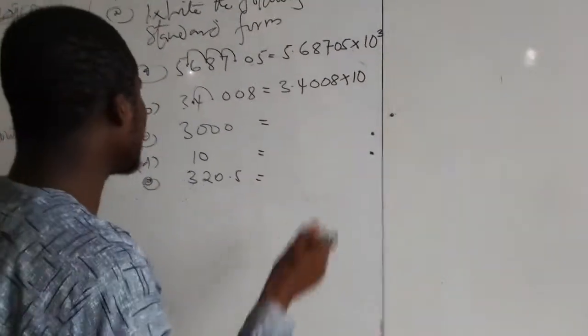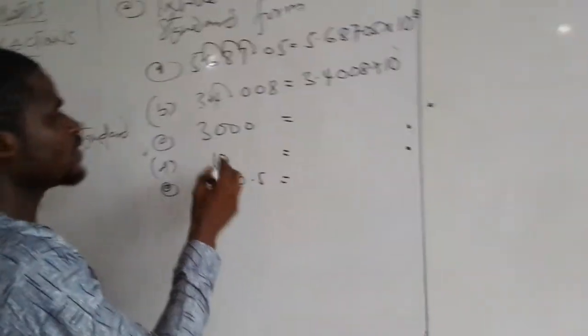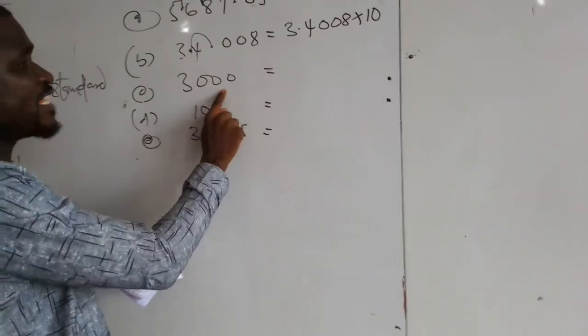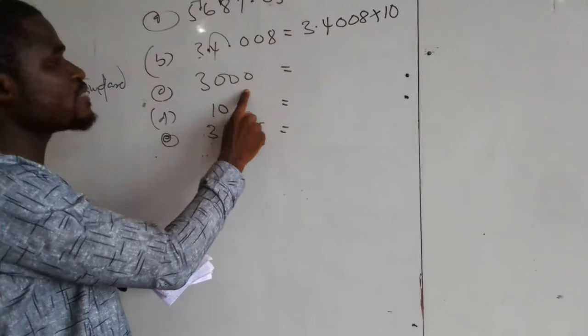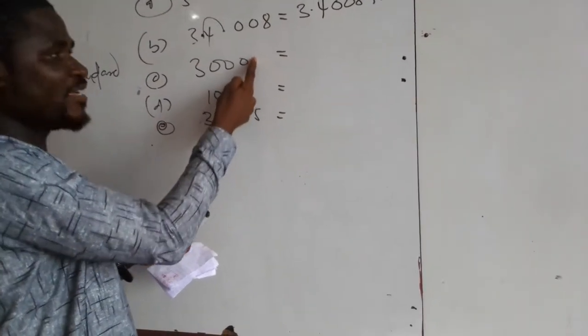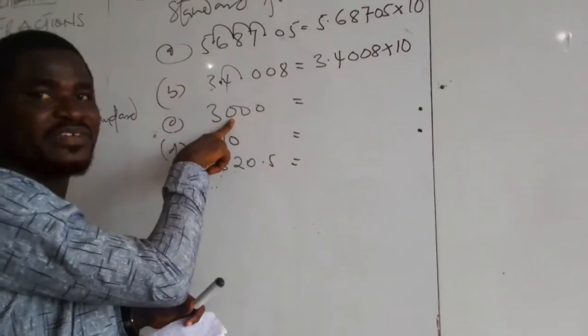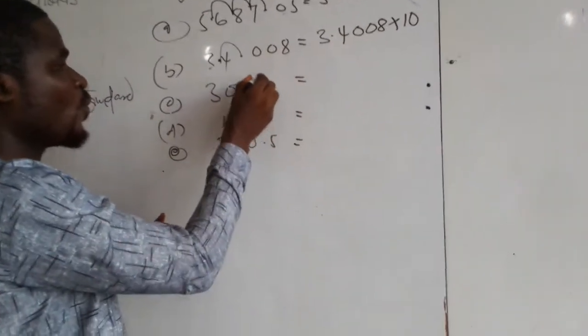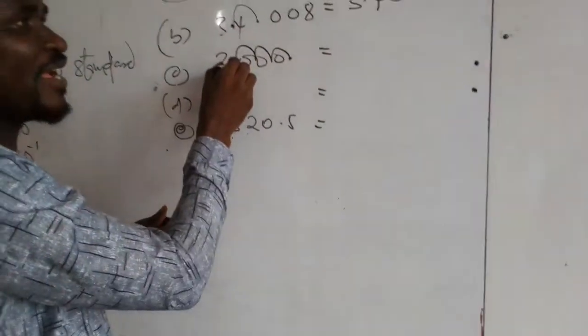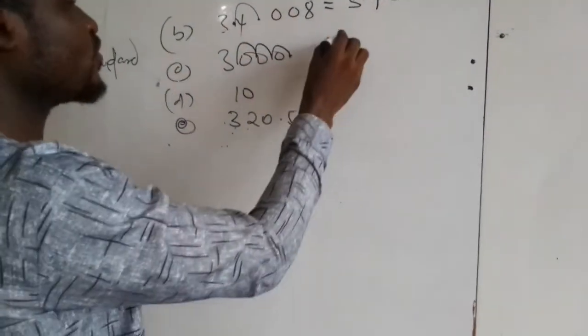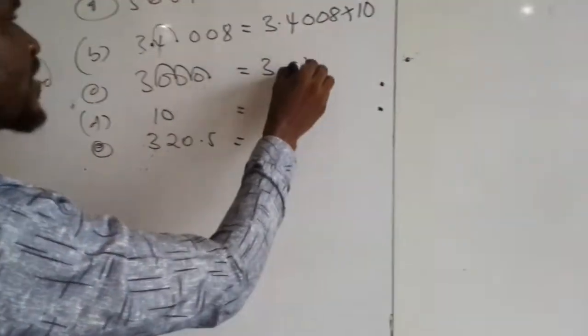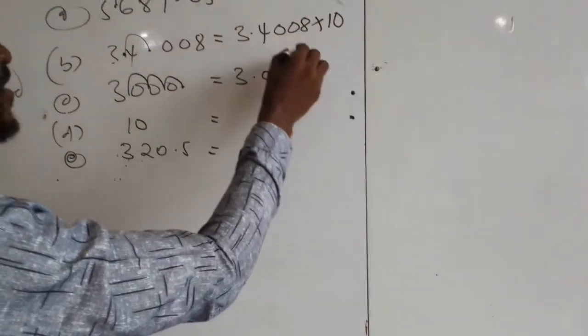Good. Now let's go to the third one. This one doesn't contain a decimal. Because it doesn't contain a decimal, I have to start from the back here to my first and second significant figures. So let's go 1, 2, 3, and move 3 times. So I'm going to have 3.0 times 10 exponent 3.